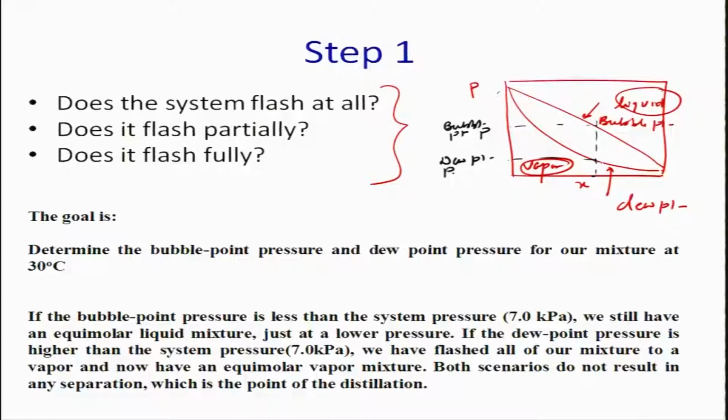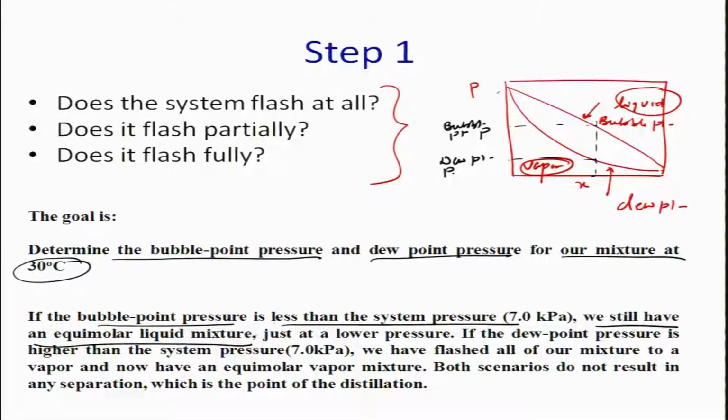So, this is the first step to identify how we are going to solve this problem: first determine the bubble point pressure and dew point pressure for our mixture at 30 degrees Celsius. If the bubble point pressure is less than the system pressure, somewhere here, we still have an equimolar liquid mixture.